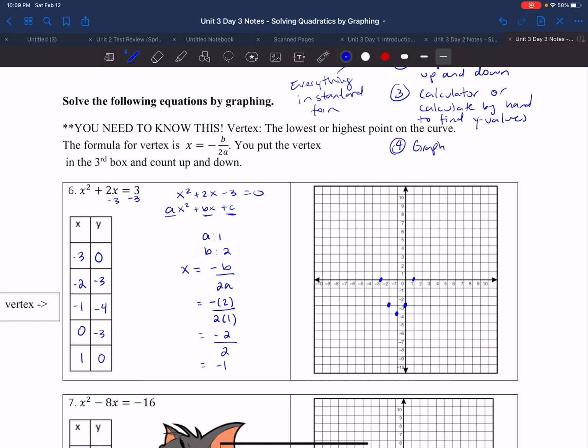And then when you're satisfied with those points, go ahead and just connect them, just like this, and use these arrows to indicate that they're going to go up to infinity. Okay, and then we are done.